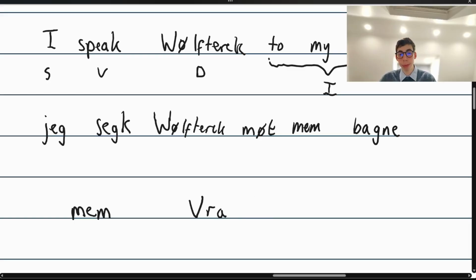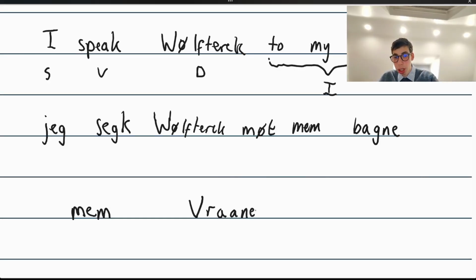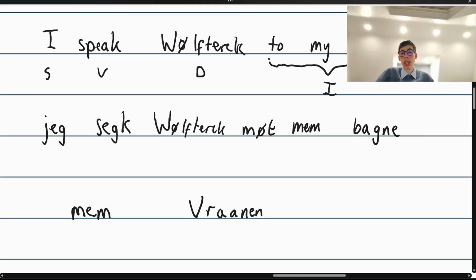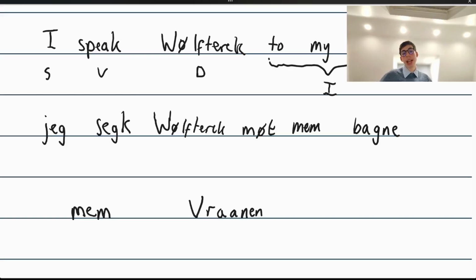So the plural of Vran is Vranen. That's just a general plural for friends, but we're in the dative, and the dative is what we call a strong case.